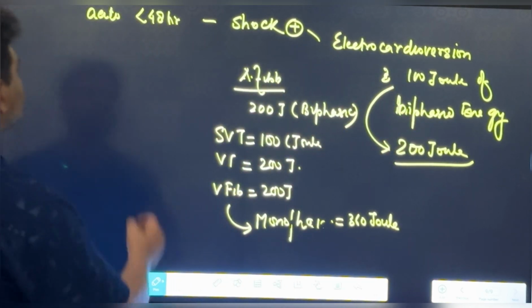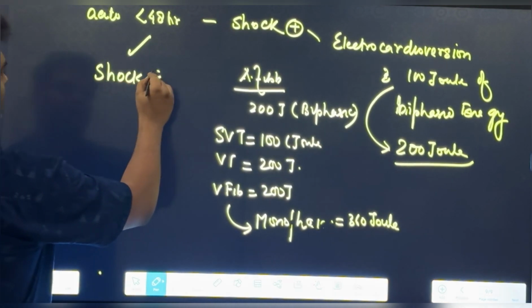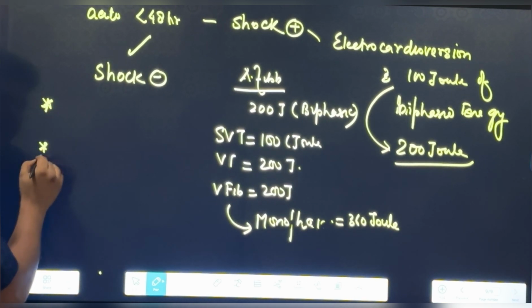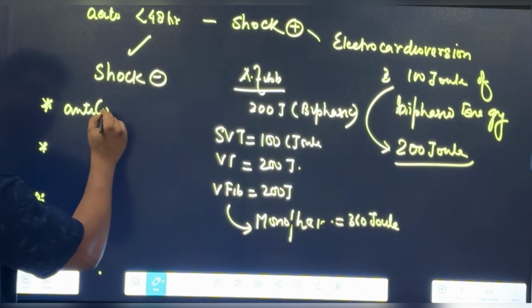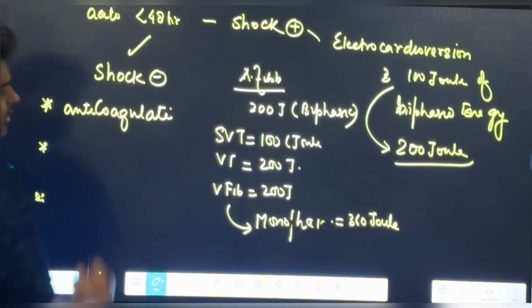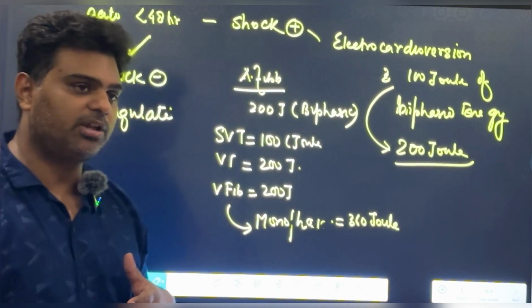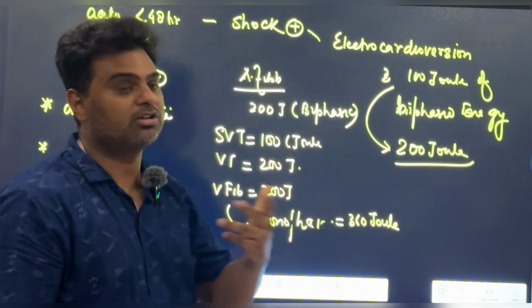But if the patient is not in shock, you have to take care of three things. First is you have to anticoagulate the patient. Why? Because atrial flutter can lead to the formation of thrombus in the atrium, and that thrombus can go into the ventricle, or from the ventricle it can go to the brain and can cause stroke.